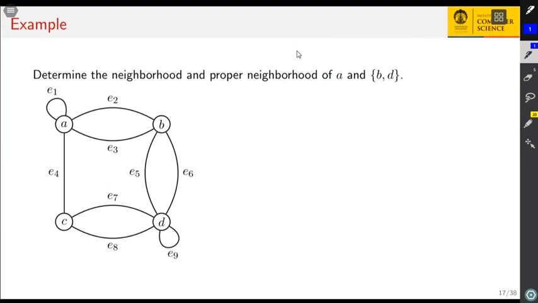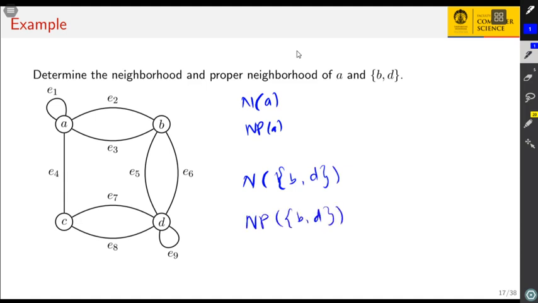What will be the neighborhood of A, the proper neighborhood of A, then the neighborhood of the set B and D, and then the proper neighborhood of B and D. Now, the neighborhood of A is really just A because of E1, then B because of E2 and E3, and then C because of E4. The proper neighborhood of A then consists of B and C. You take A out of it.